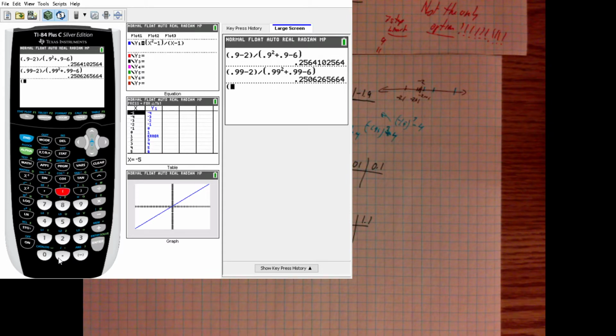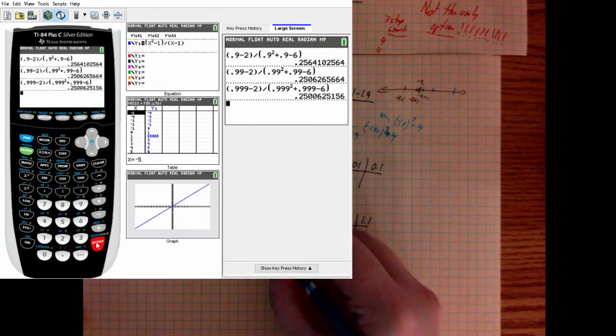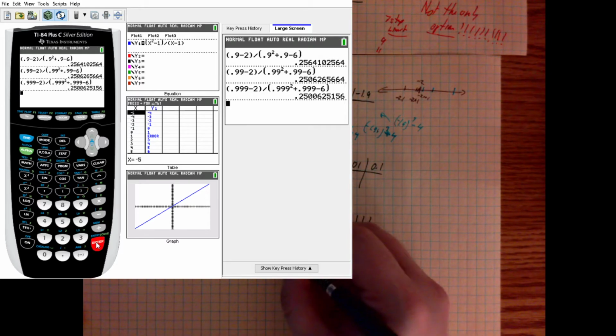So I do 0.999 minus 2 divided by 0.999 squared plus 0.999 minus 6. Now if you've done this correctly, you should notice that this is approaching a number.